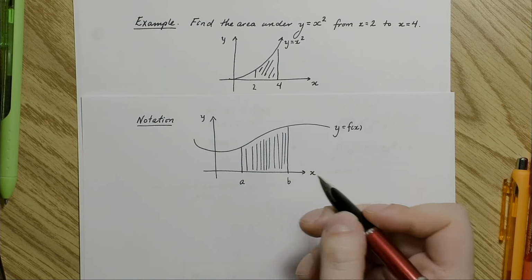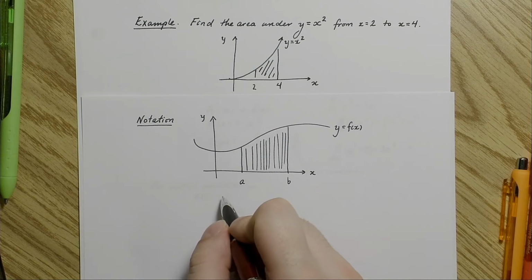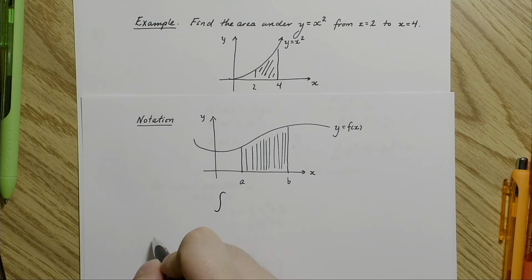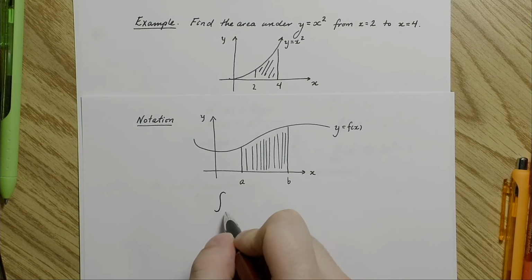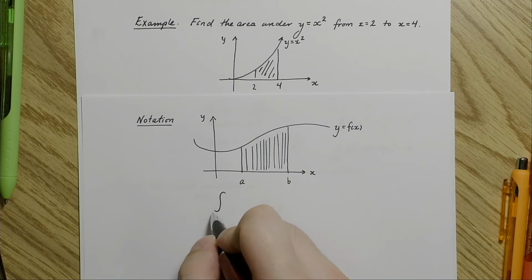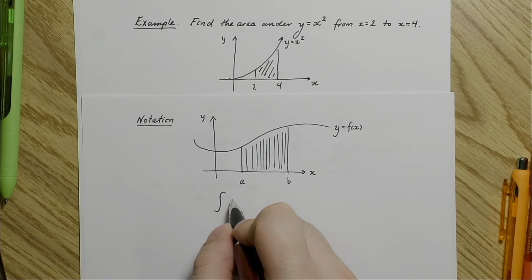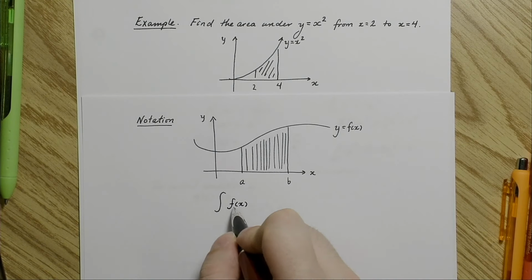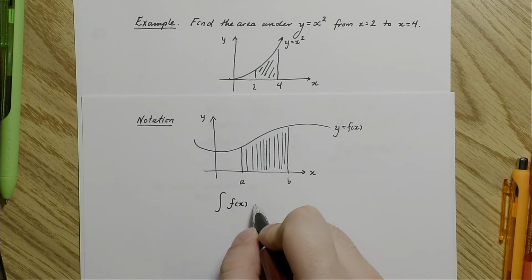And so what he thought of when he was coming up with the notation is he used an elongated s. And it looks like s was standing for sum. And what we do is we use this curly s, that's the integral sign, and we say that it's the integral of this f of x.